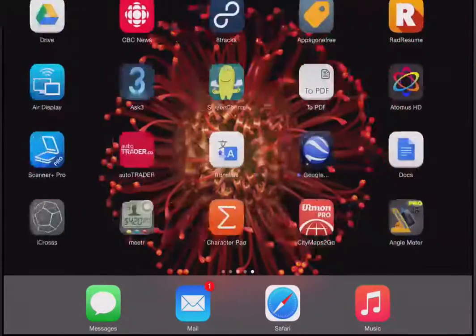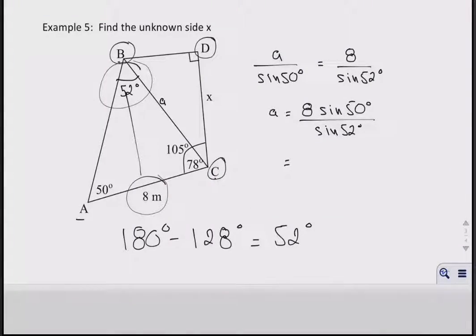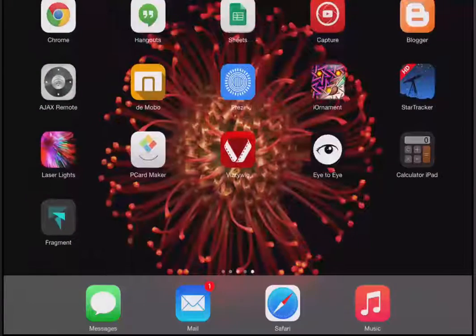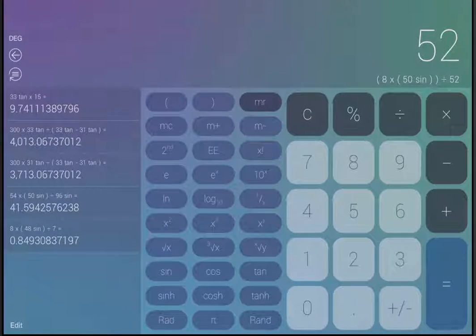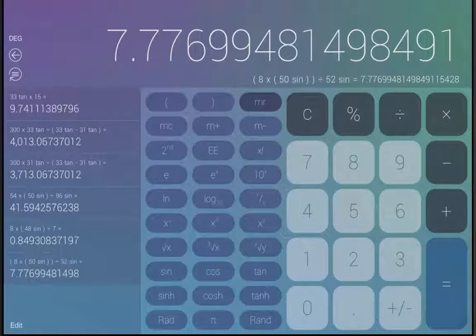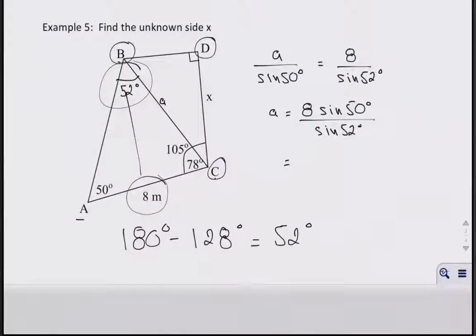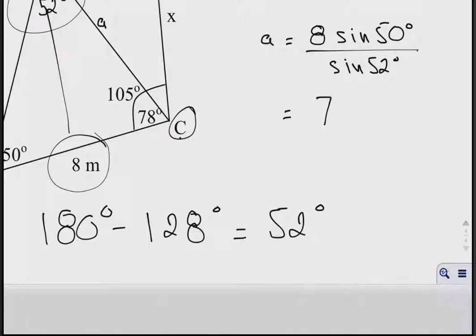Take a peek here. 52, so 52 sine. 52 sine equals 7.8 roughly. So let's go back to our page. Our A value is going to be 7.8 meters.